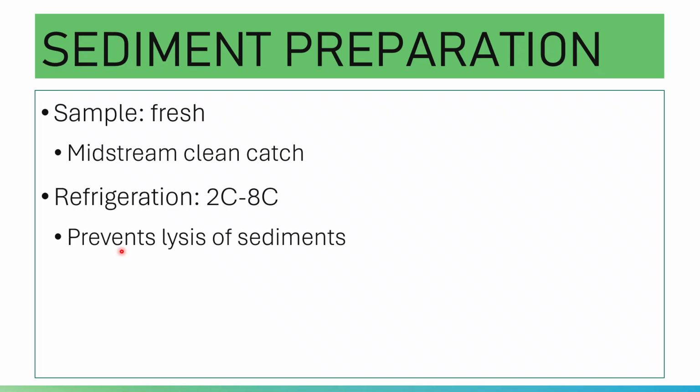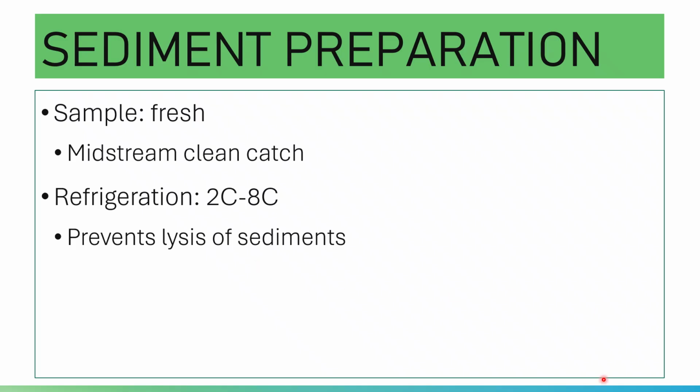If you cannot test within 2 hours, then you employ preservatives or you refrigerate the sample at 2 to 8 degrees Celsius. I told you last time that in Brancel there is a different temperature range for refrigeration. Anyway, please go back to that.